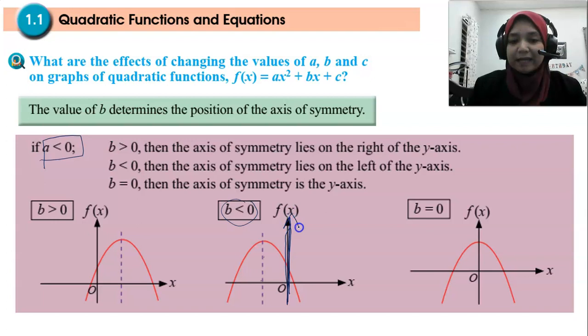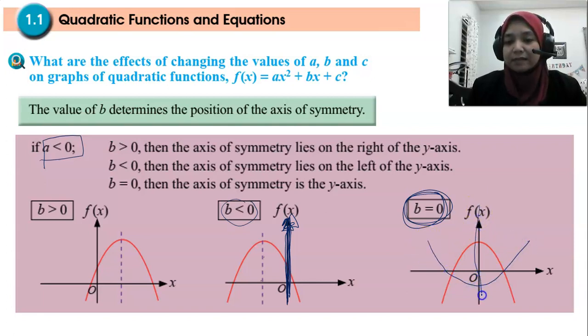So, awak punya penanda aras, pointer awak adalah Y axis. Position dia is either on left hand side or on the right hand side of the Y axis. B greater than 0, B less than 0, and B equal to 0. For graph A greater than 0, awak punya graph tadi macam ni kan?